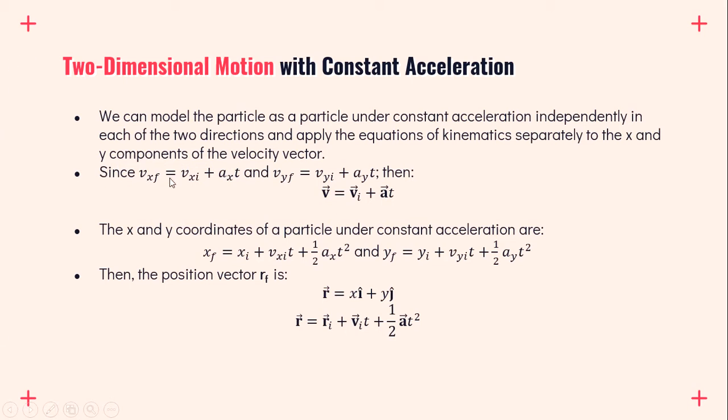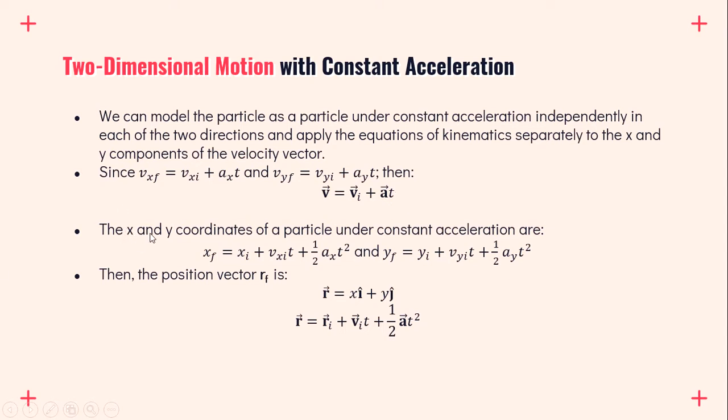Since vxf, or the final velocity in the x direction, is equal to the initial velocity in the x direction vxi plus axt, and vyf is equal to vyi plus ayt, if we combine these two equations, we have the velocity vector v, which is equal to the resultant of the two initial velocities, vi, plus at, the resultant of the acceleration in two directions, times t.